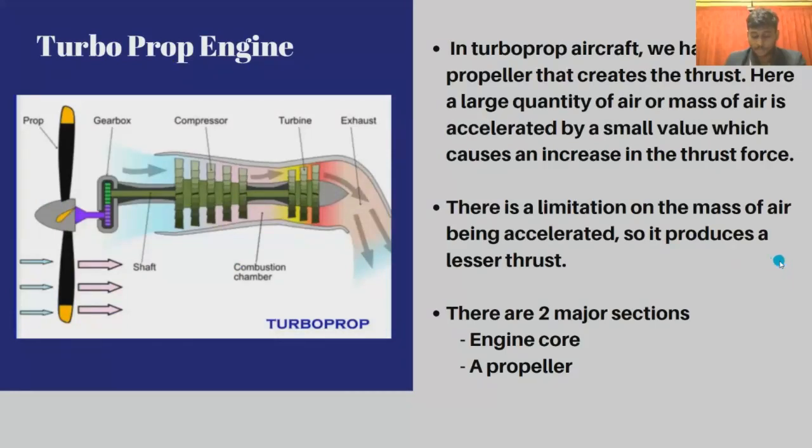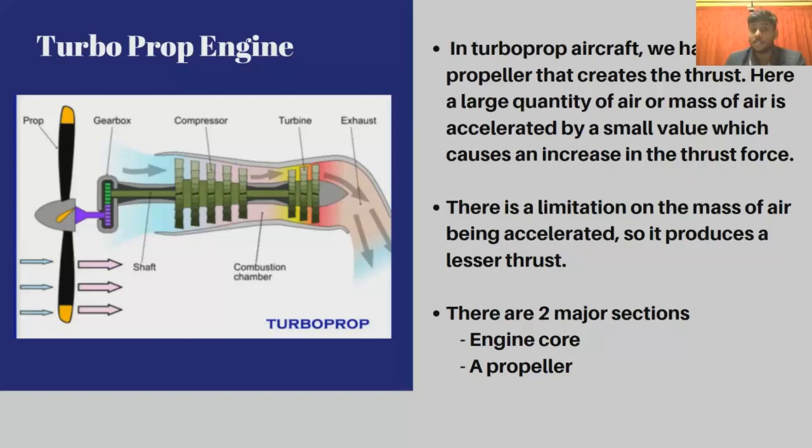In turboprop aircraft, we have a propeller which creates the thrust. Here, a large quantity or mass of air is accelerated by a small value, which causes an increase in the thrust force. However, there is a limitation on the mass of air being accelerated, so it produces lesser thrust.